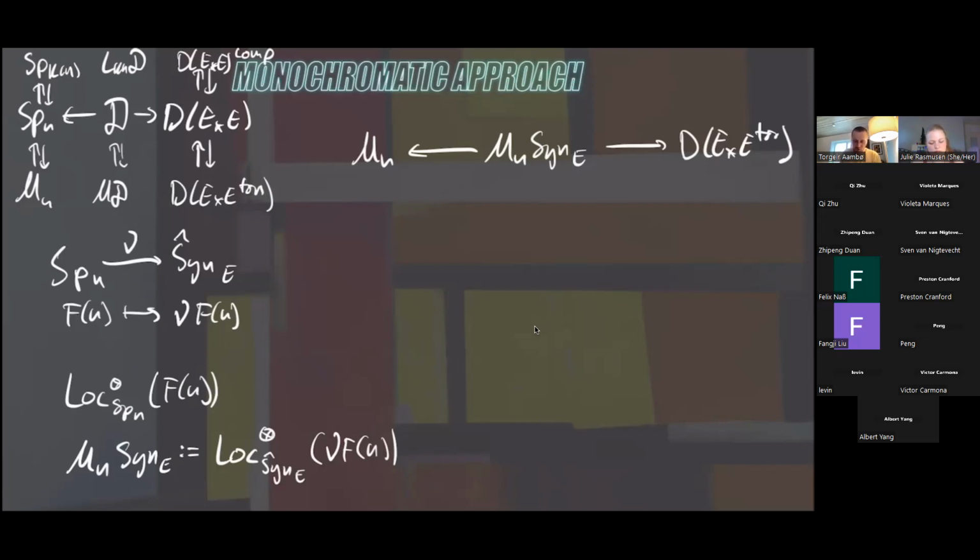Okay, we can also try to do this, not dually, but internally, I mean. So instead of taking the localizing ideal, we can do an internal construction as we did earlier, and instead look at sheaves of spectra, which are spherical, on some site of monochromatic finite projectives.